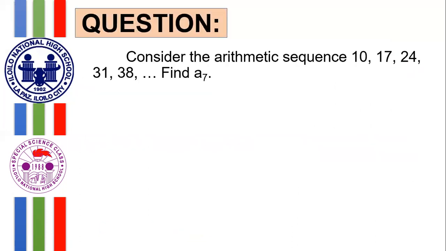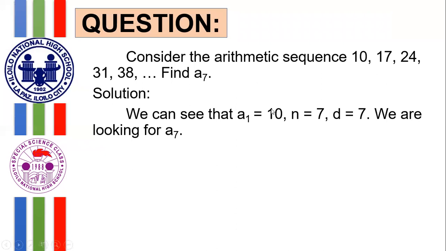If we consider the arithmetic sequence 10, 17, 24, 31, 38, and so on, find a sub 7. So we see that your first term, or a sub 1, is 10. Since we are looking for a sub 7, your subscript is 7, and that also serves as your n. We could see as well that your d, or common difference, is 7.